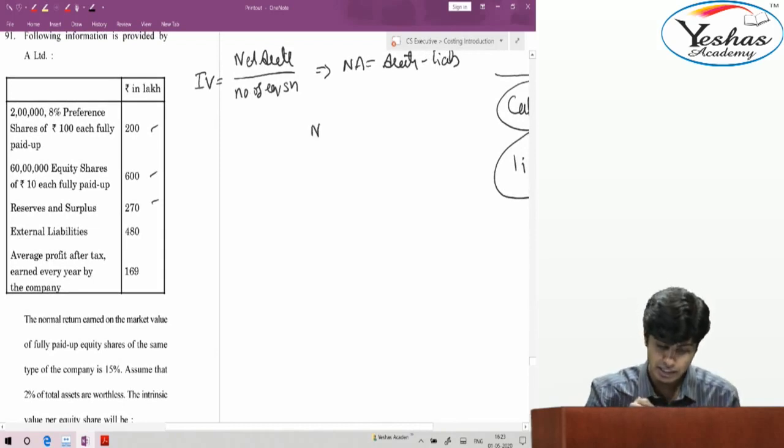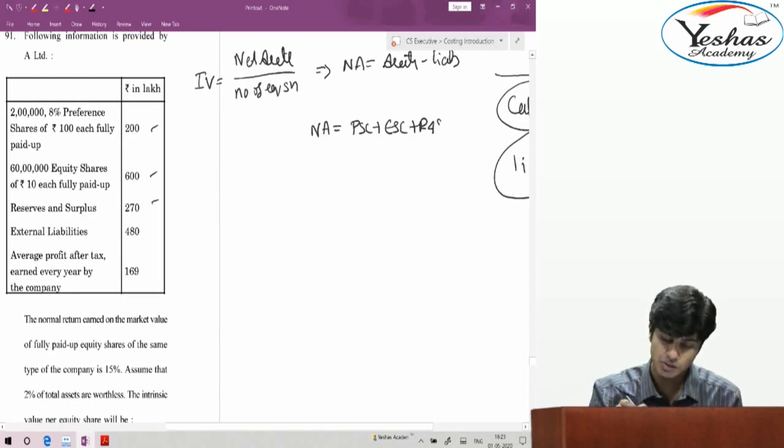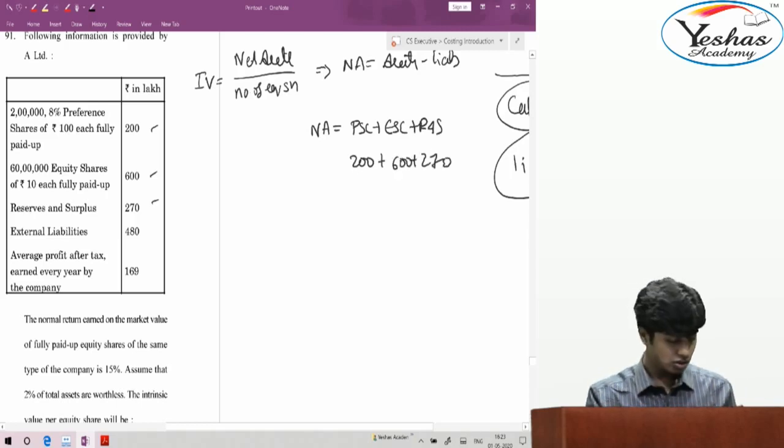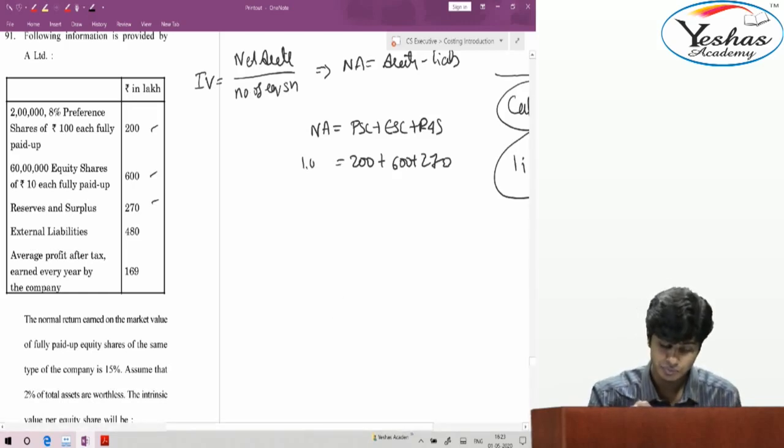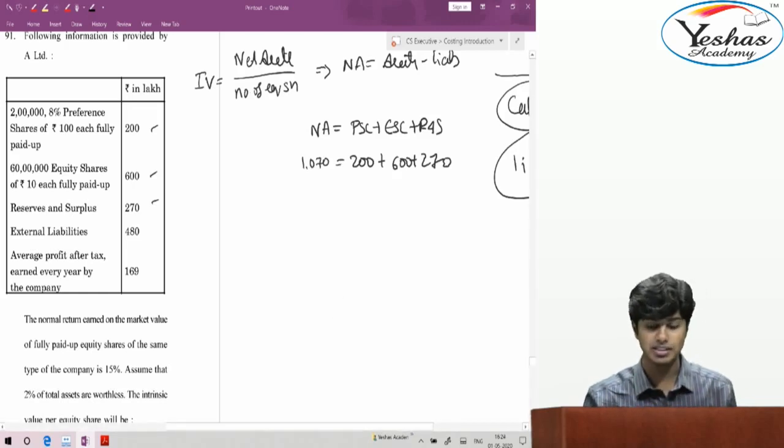Yes. So what is my net assets in that case? 200 plus 600 plus 270 will give me 1070 as my net assets.